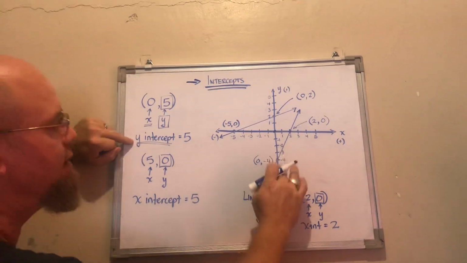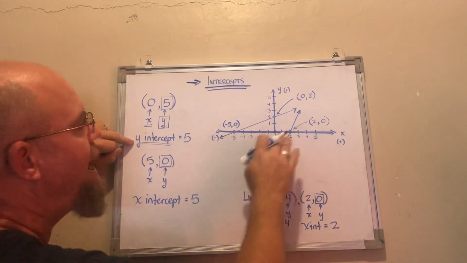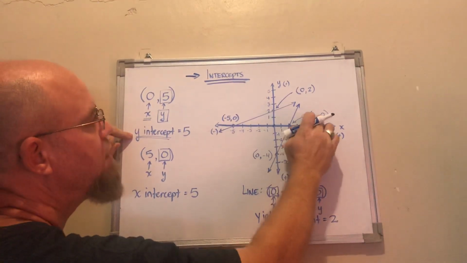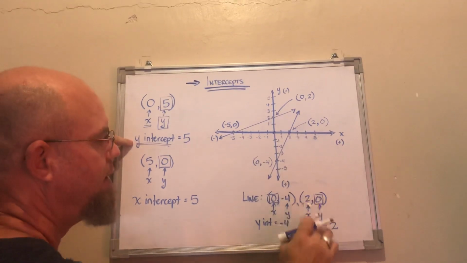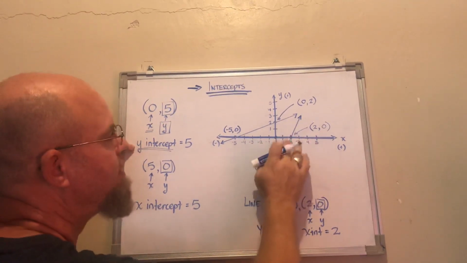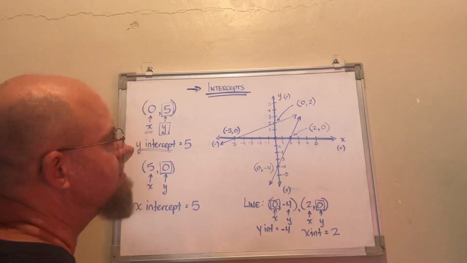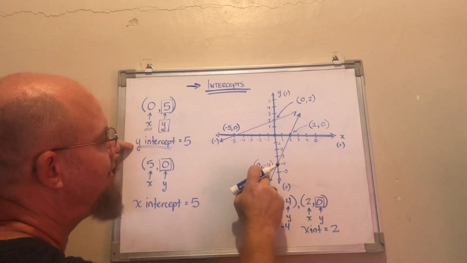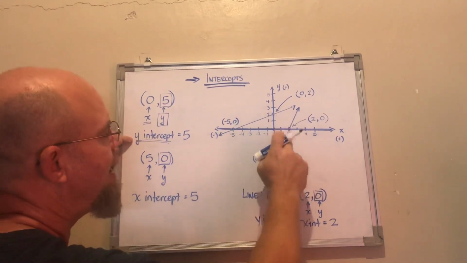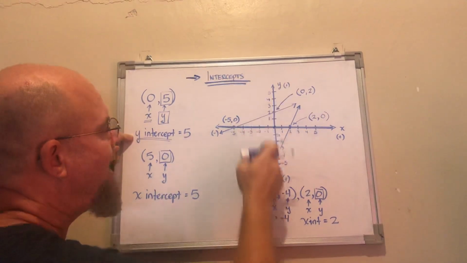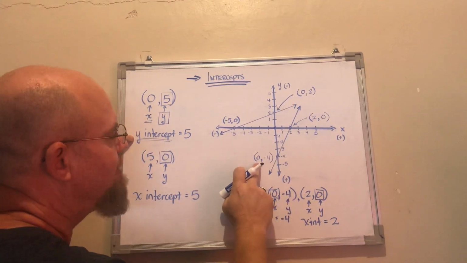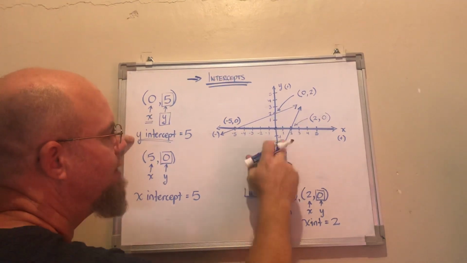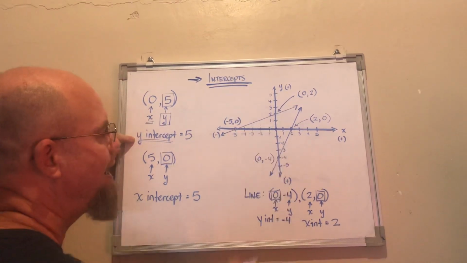You can see here that the line passes through the x-axis at point 2, 0, which is right here. That is the x-intercept. It's where it intercepts the x-axis. And you can also see at point 0, -4, that is where that line intercepts the y-axis, where x equals 0 and y equals -4.